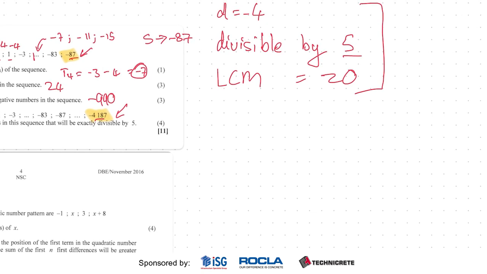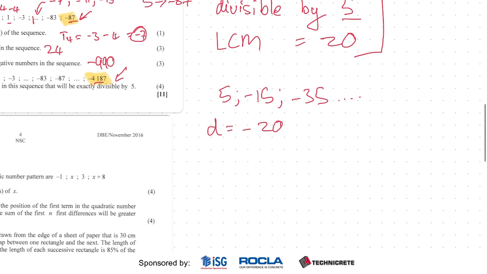So basically, we're going to have a sequence that looks like this. Okay, and d equals -20, as we said. So then let's figure out how many terms would be in this sequence.